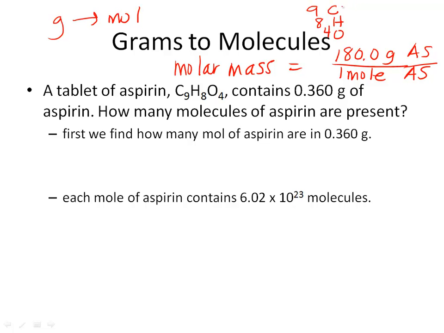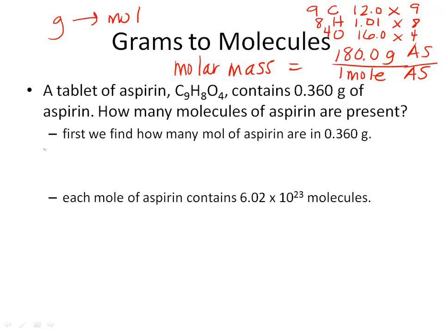The mass of carbon is 12.0, right? You multiply that by 9 because you have 9 carbon atoms. The mass of hydrogen is 1.01, multiplied by 8 because you have 8 hydrogen atoms. The mass of oxygen is 16. Multiply that by 4 because you have 4 oxygen atoms. You add all these 3 numbers up, that'll give you 180 grams of aspirin, and you put it over 1 mole of aspirin to get the molar mass.